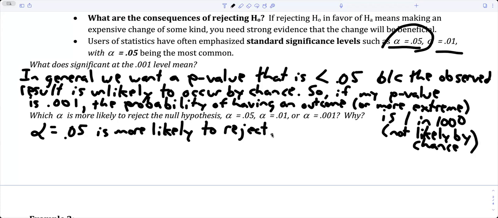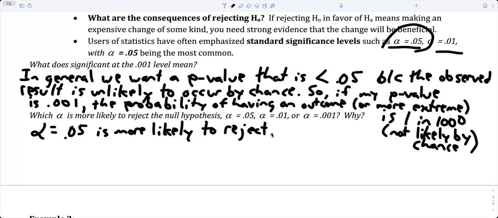Why? Well, when do we reject H0? If the p-value is less than alpha. So if my p-value is less than 5%, if alpha is 0.05, then we would reject. Whereas if the p-value is less than 1%, we would reject if alpha is 0.01, and if it's less than 0.001, we would reject.